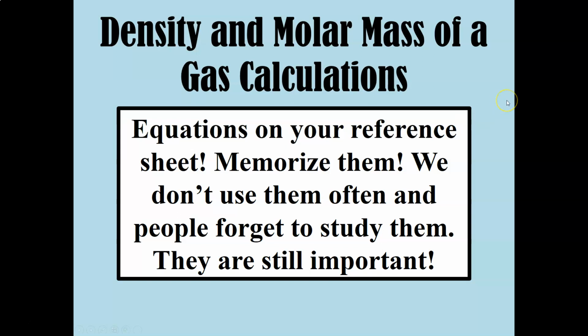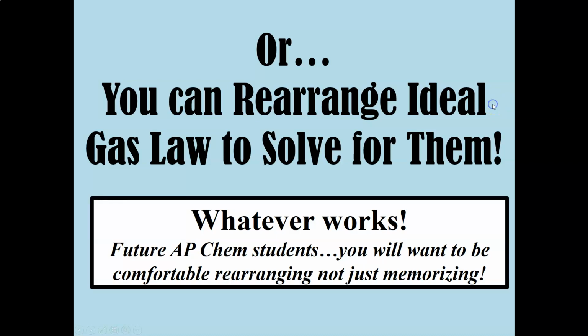Now, with that said, if you are thinking of taking AP Chem in the future, I'm going to give you the strong suggestion that you practice rearranging to solve for the equations yourself, and I'll show you how to do that in a minute.